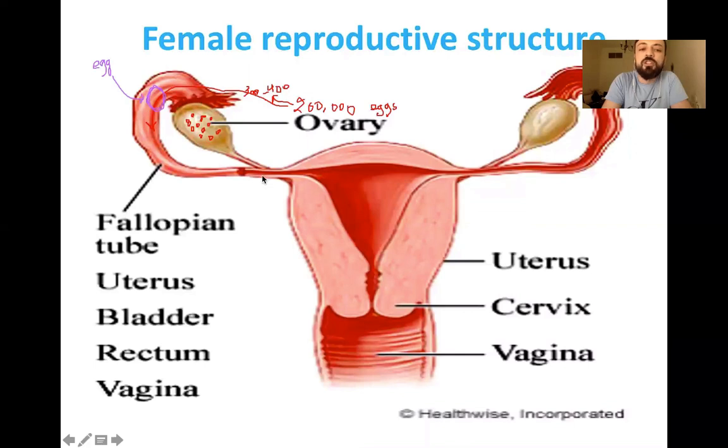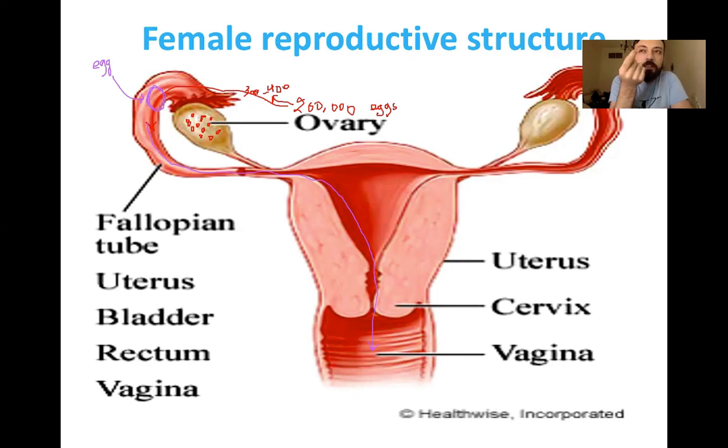If the sperms reach the oviduct at the right time, they fertilize the egg. If not, this egg continues its pathway through the oviduct, and where does it head? It heads towards where? Uterus and the cervix, very good, and it may leave through the cervix to the vagina. Sometimes females would notice something that looks like a drop of blood on their underwear.